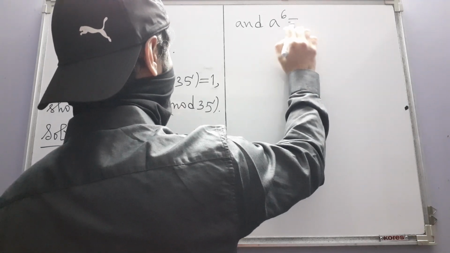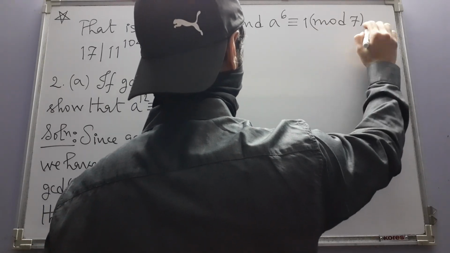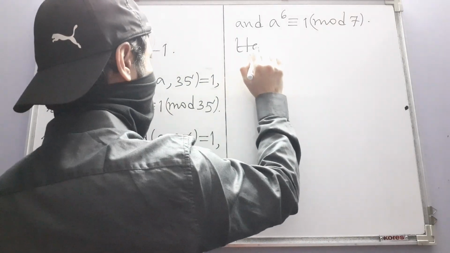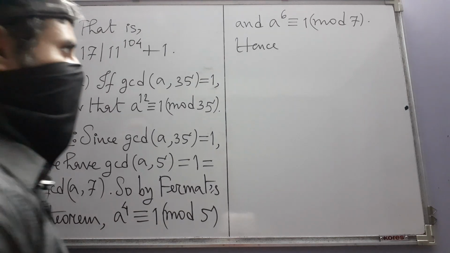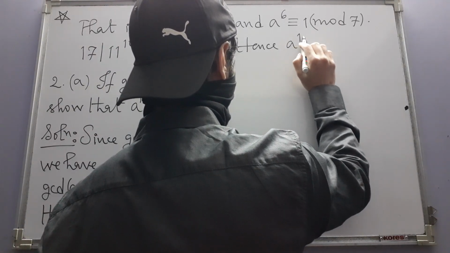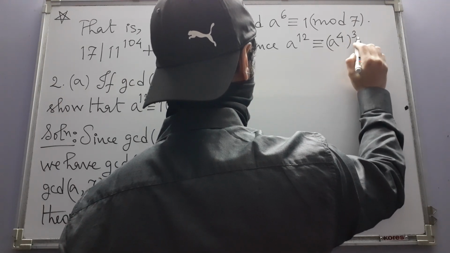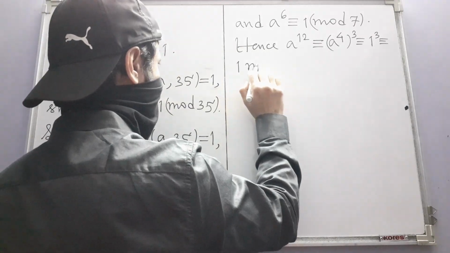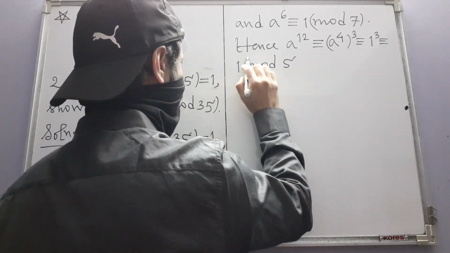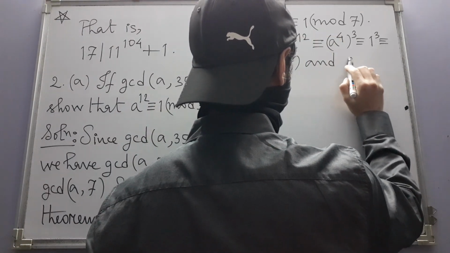a to the power 6 is congruent to 1 modulo 7. Hence, so how do you get 12 from here? Just take the third power of both sides, mod 5, and here you take squares on both sides.